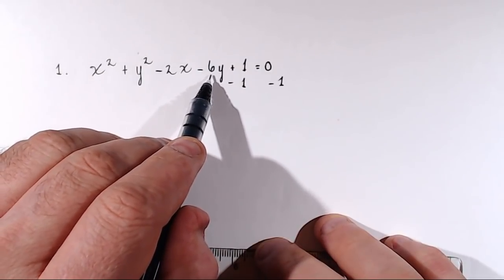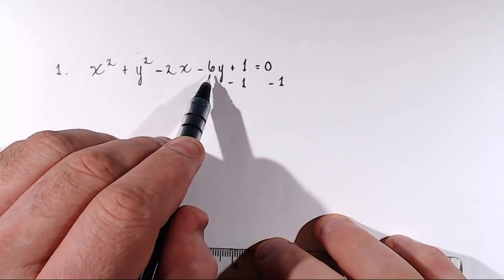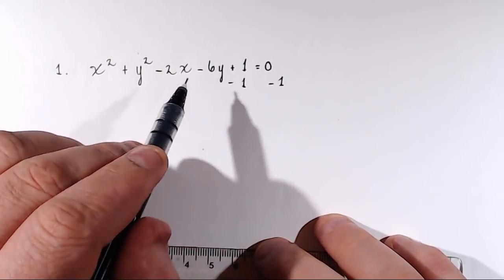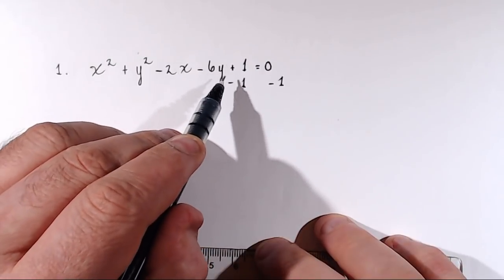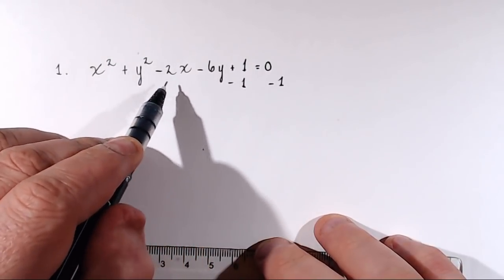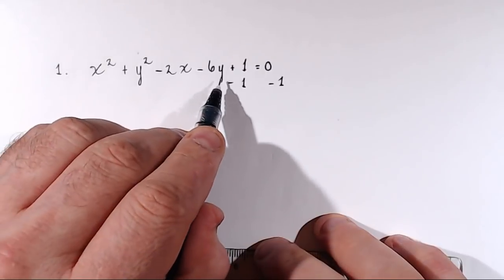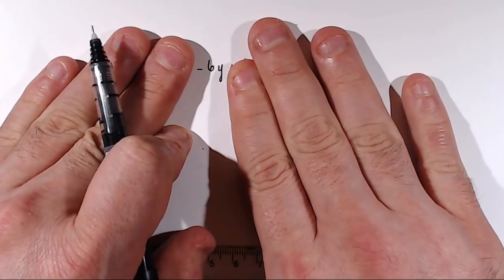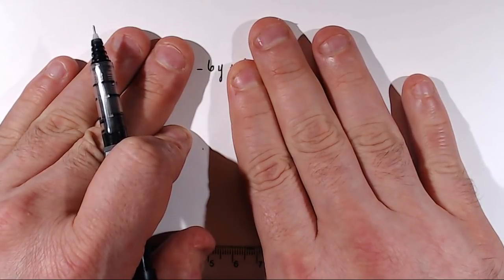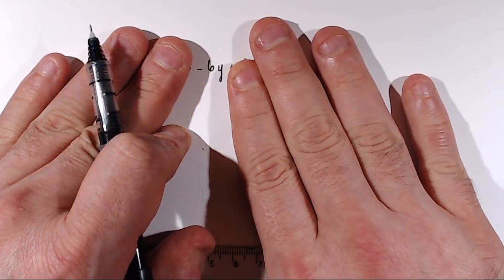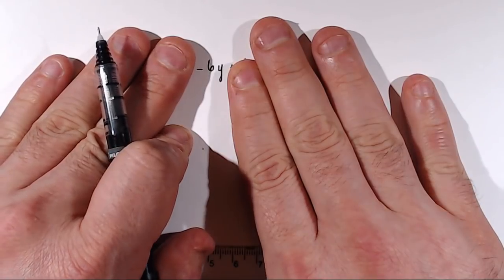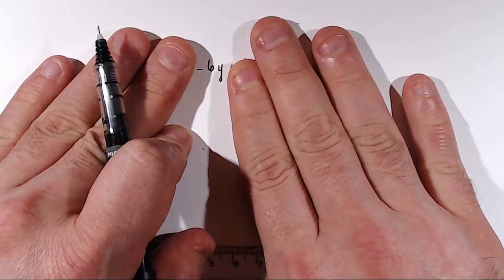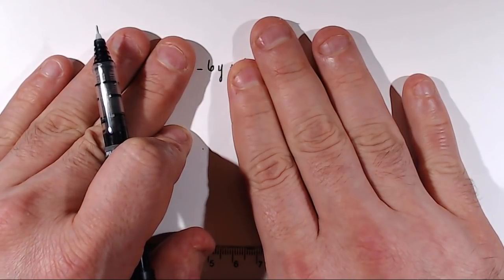The reason those numbers are not called constants is because when you plug in values for x and y, the product of the number that's with the letter will change. So if all I have is negative 6y, and I plug in 1, then the resulting product is negative 6. If I plug in -1 for y, the resulting product is +6. If I plug in +2 for y, the resulting product is -12.